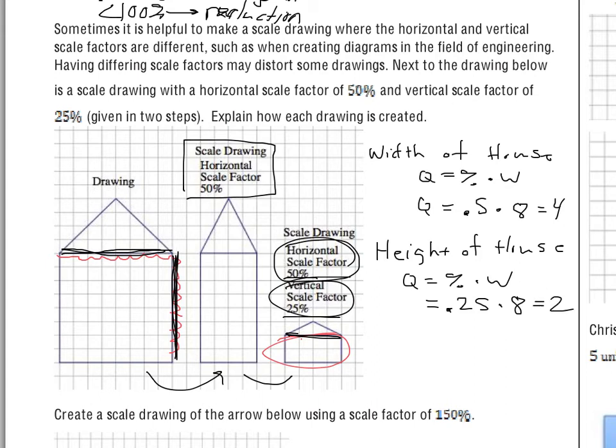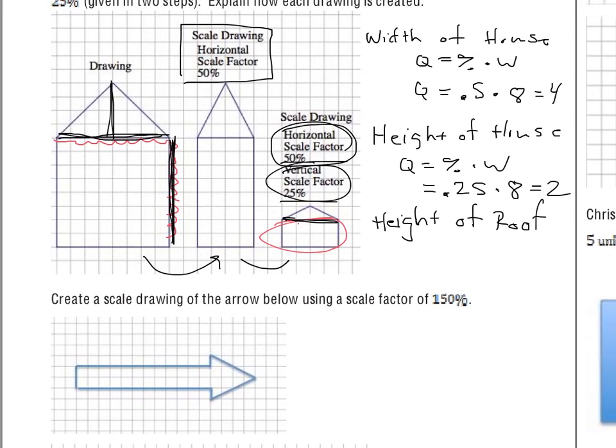And the final measurement we can talk about is the height of the roof. We have to ask ourselves, is that a vertical or horizontal? And that is a vertical measurement, so it's going to follow the vertical scale factor percentage. And so in this particular case, it's going to be 0.25 times the original, which was 4, which we can see on the drawing is a height of 1.